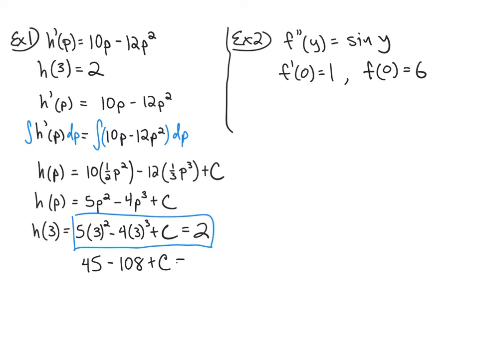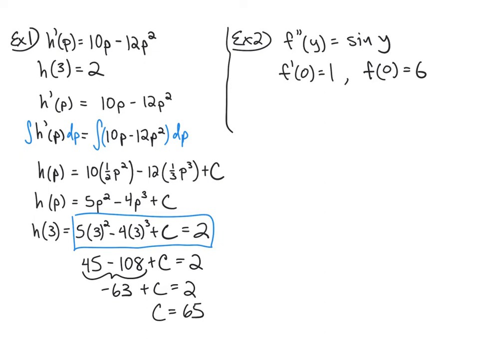Plus c equals 2. I can combine these to give me negative 63 plus c equals 2. I get that c equals 65. Cool. What's my final answer?